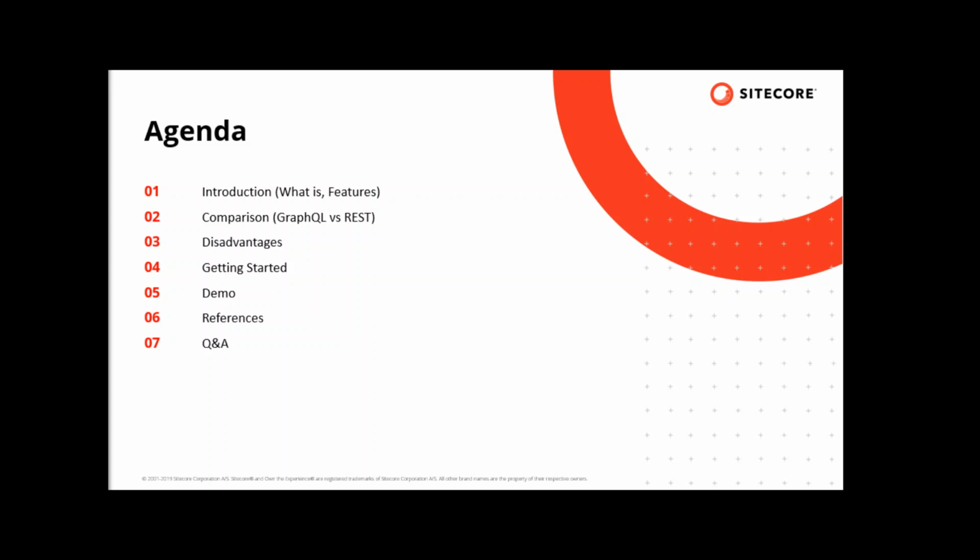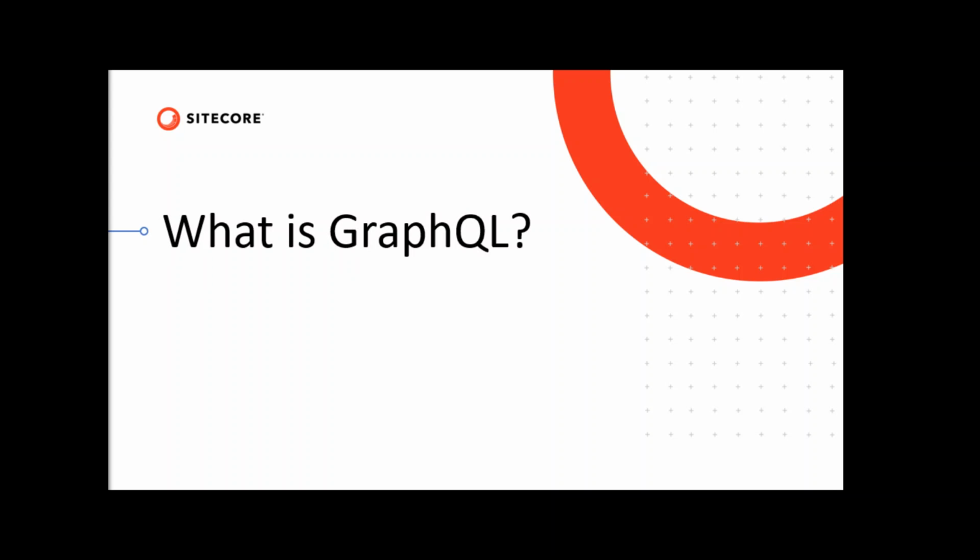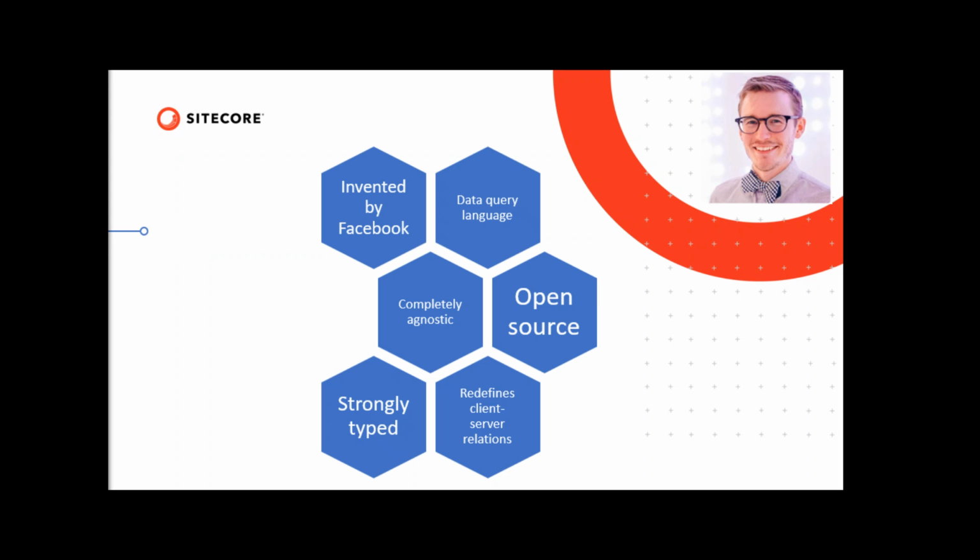All right, let's go to the introduction. So what is GraphQL? It was invented by Lee Byron from Facebook back in 2012. It's basically because they were having problems with their news feed.